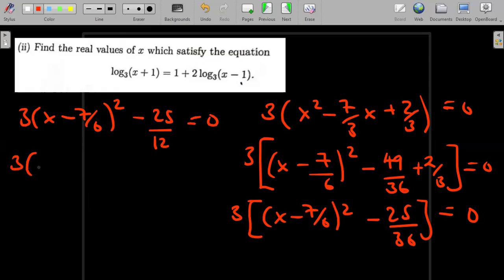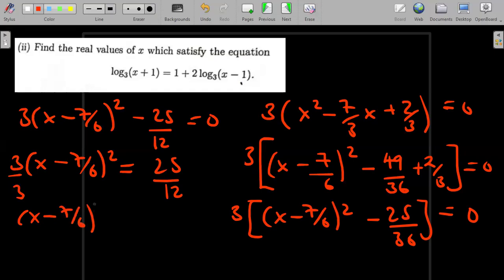Then this fraction goes to the other side and becomes 25 over 12. Then you can divide by 3 on both sides, and you just have x minus 7 over 6 squared is equal to negative 25 over 36.